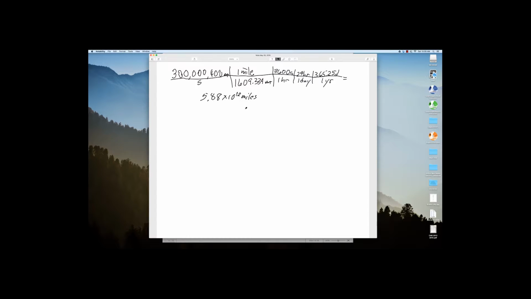So a light year is 5.88 times 10 to the 12th miles. That's the distance light travels in 1 year.